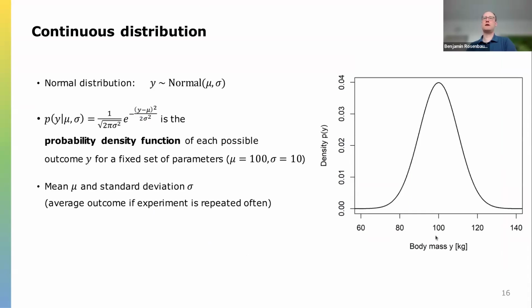And here we have the density function of the normal distribution. So we say a variable is normally distributed if it is defined by this quite complicated function here. It's not important that you memorize this. Again, we can use code to calculate this.